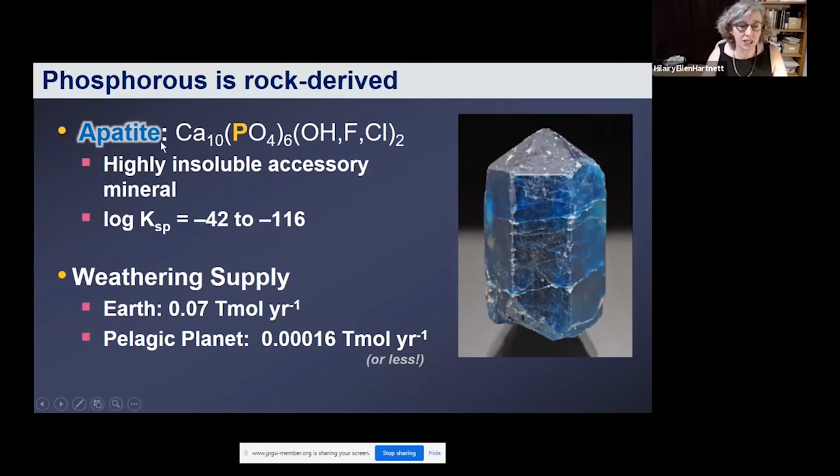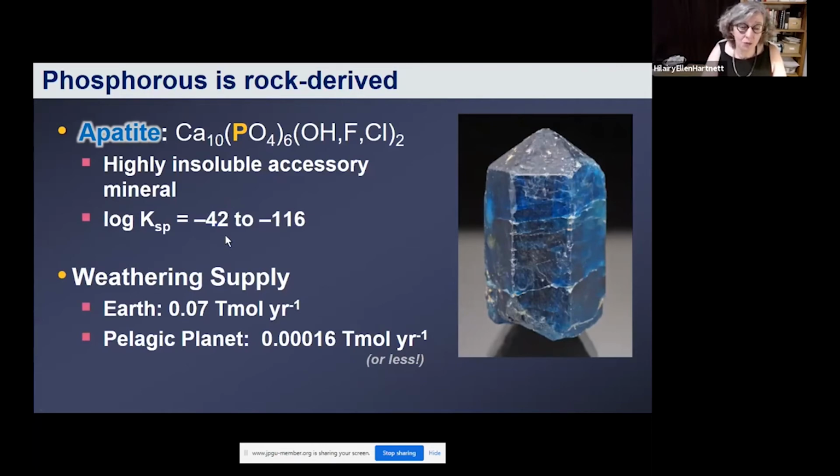Predominantly, it comes from apatite. This picture is a nice gem quality apatite. It has beautiful blue color, but it's a phosphate mineral. It's a highly insoluble mineral. And when I say highly insoluble, the KSP, the solubility product for apatite, ranges from 10 to the minus 42 to 10 to the minus 116.